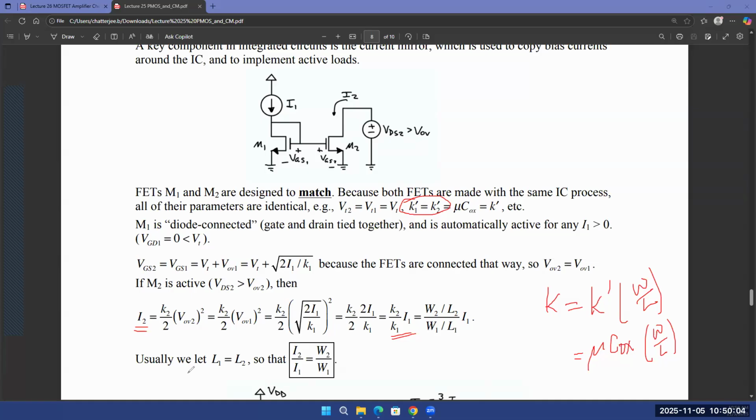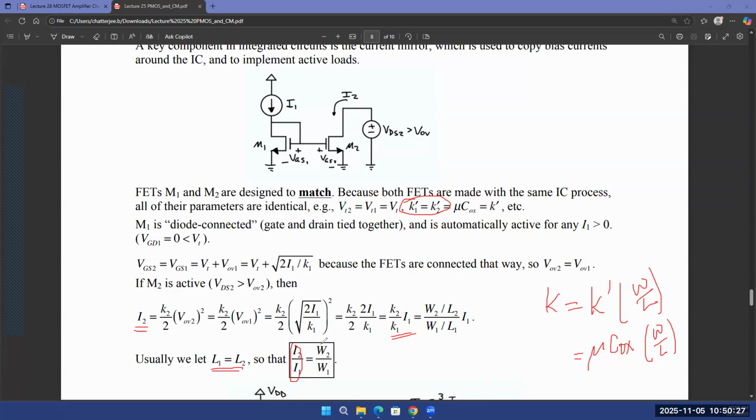Okay. Now, of course, you can have different lengths for the transistors. That will give you another degree of freedom, or another design variable. But let's just say you are assuming that your lengths are always equal for the transistors, so usually you let L1 equal to L2. Then in that case, I2 over I1 is just going to be the ratio of W2 over W1.